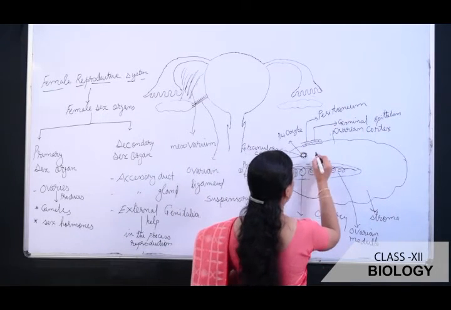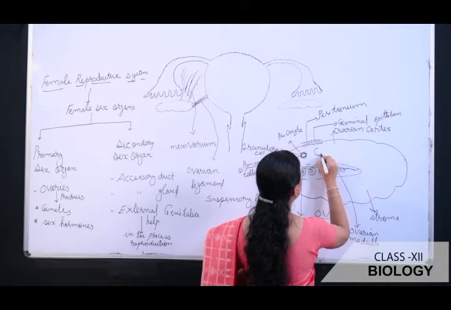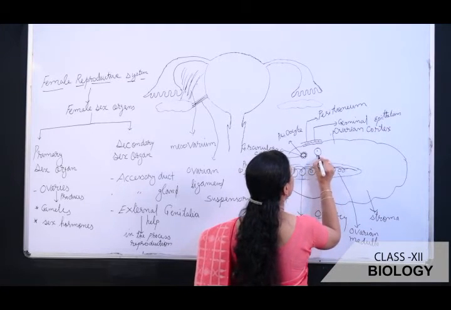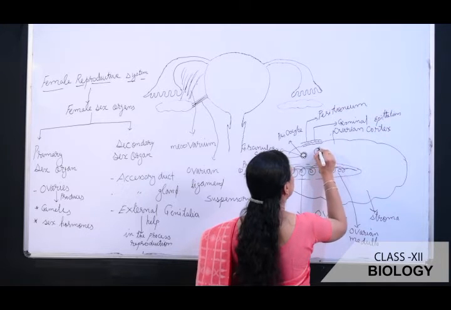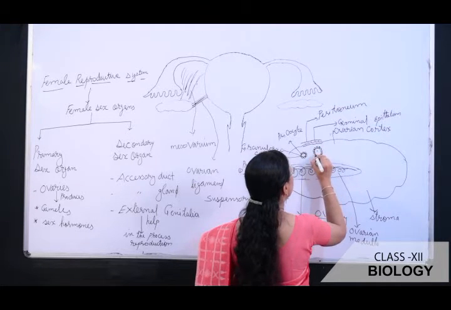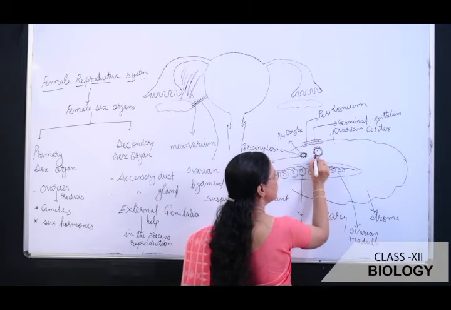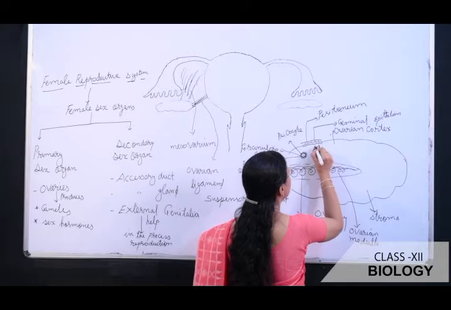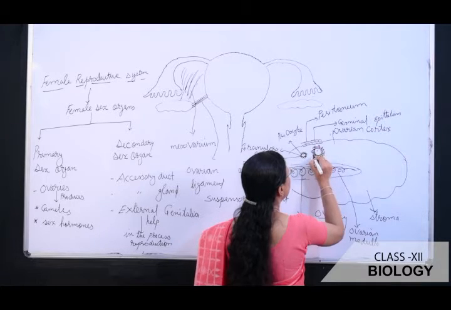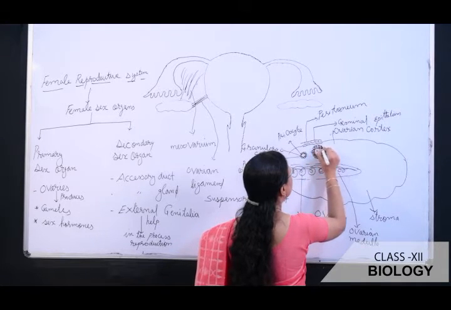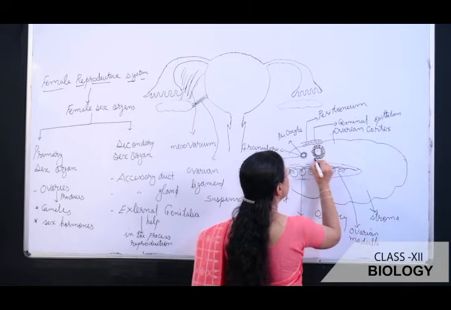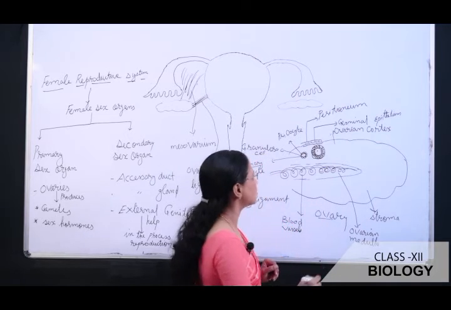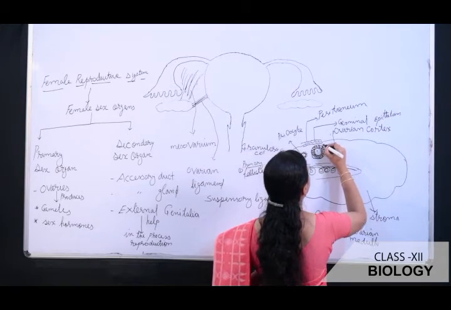So after that what happens? It develops into the secondary follicle. The secondary follicle is having many layers of granulosa cells. This is the primary oocyte here, and you can see many layers of granulosa cells surrounding this primary oocyte, and there is one more layer which surrounds the granulosa cells, which is said to be the theca.